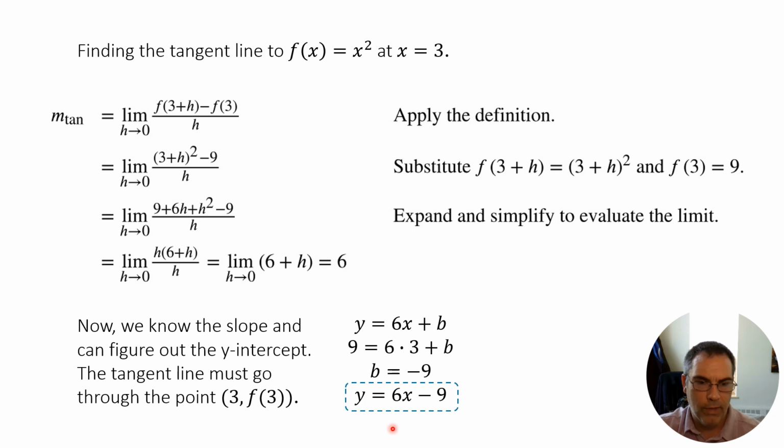So what we're doing right here is working out where the y-intercept is going to be. We know it's going to be a function that looks like y equals 6x plus b. 6 is the slope. We know that when x is equal to 3, y is equal to 9, so we can plug those in and solve for b. You get b is minus 9. And so the whole equation for the line is y equals 6x minus 9.